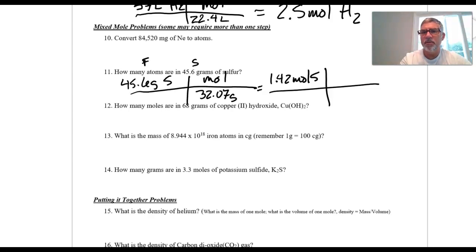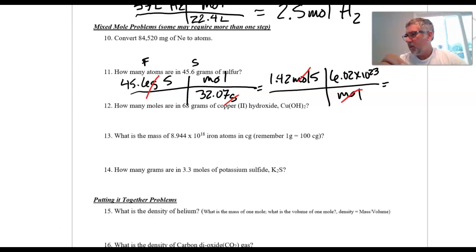My second equation, then I'll put Avogadro's number here. Okay, so when I do that, I've canceled out my grams, canceled out my moles, and you should get 8.54 times 10 to the 23rd atoms of sulfur. Okay, so that's how you do that.